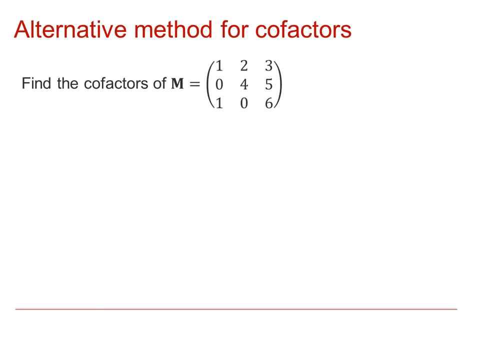Well, if all you want to do is to find the cofactors, then there is an alternative method, which means that you don't need to write out all of those little determinants. What you do is you take the matrix M and then alongside it repeat columns 1 and 2.